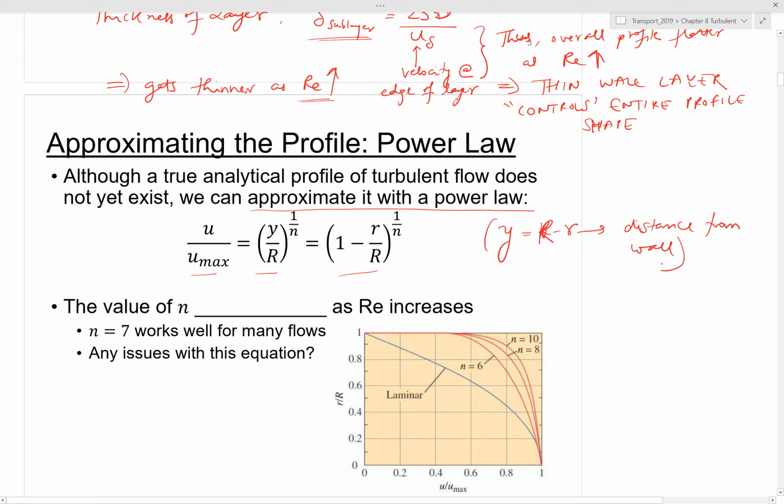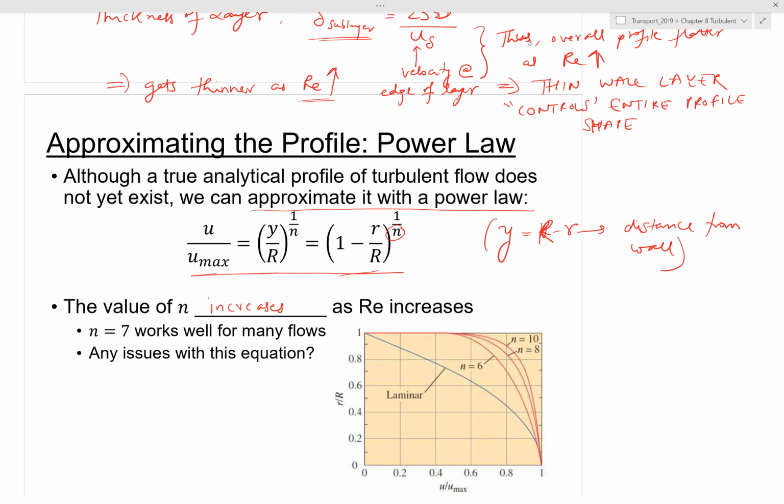Right? And so this is one expression used where n is an integer, and this value of n increases as Reynolds number increases.